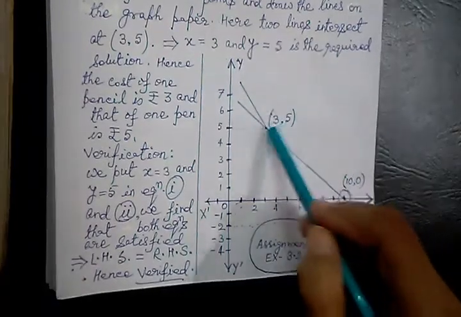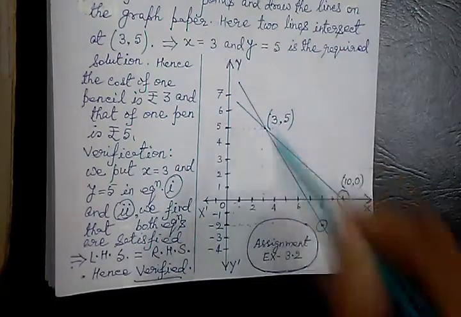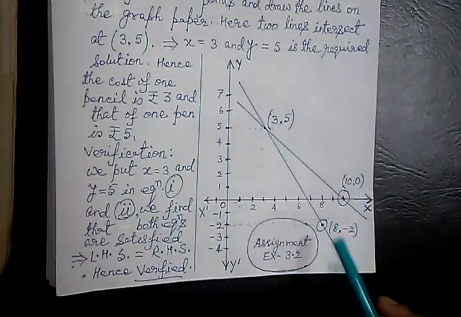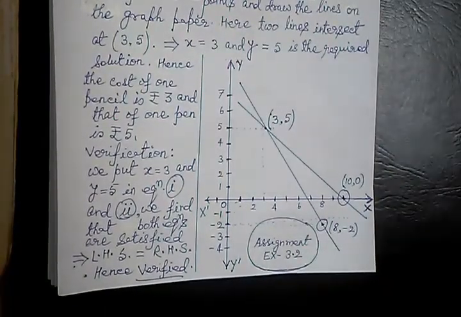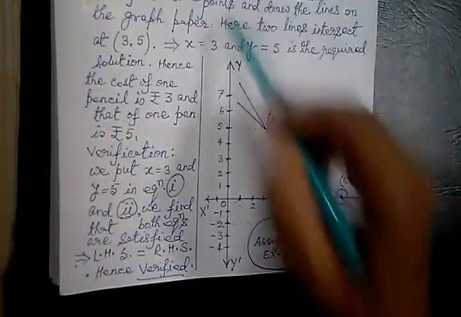I have darkened the points by a dot. So these are the 2 points for the first equation and 2 points for the second equation.